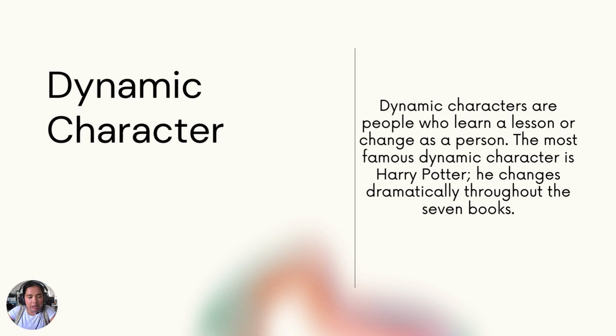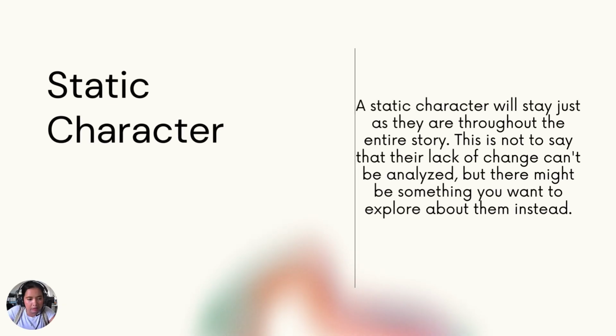The next one is the dynamic character. A dynamic character is basically someone who learns a lesson or changes as a person. The most famous dynamic character is Harry Potter because he changes dramatically throughout the seven books. So there is a change of the character itself. The next one is the static character. What do you mean by static character?